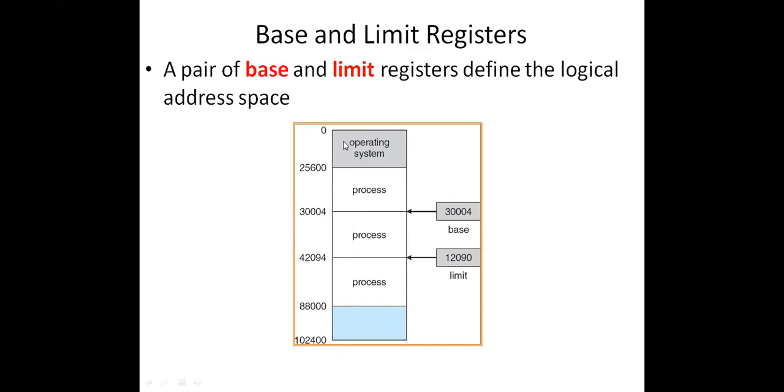The operating system starts at the 0th location. That means the operating system resides in the main memory in the lower partition, whereas all the user memory is available in the higher memory address locations. Okay, so that is that line.